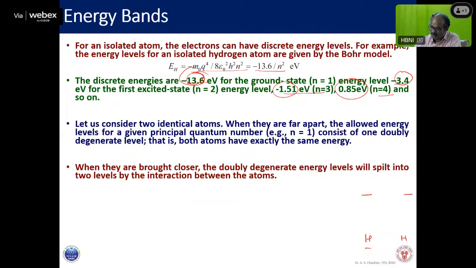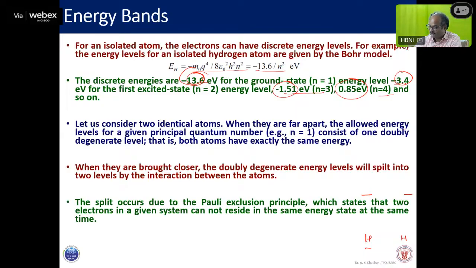When all quantum numbers are the same, it implies that the energy levels are also the same, and that is not possible because of Pauli's exclusion. So when you bring these two atoms together, the levels will split into two. It will not remain the same.